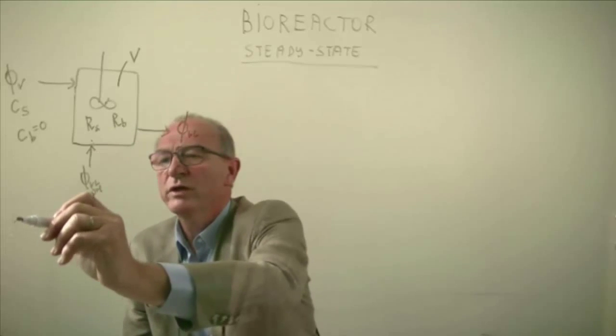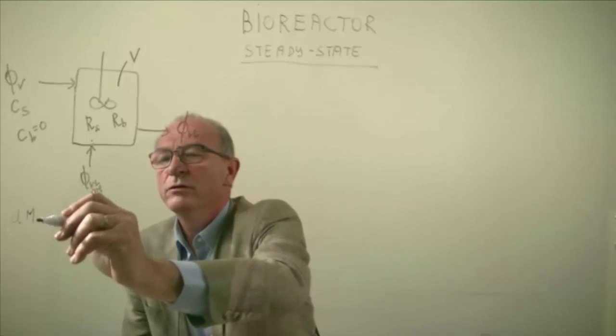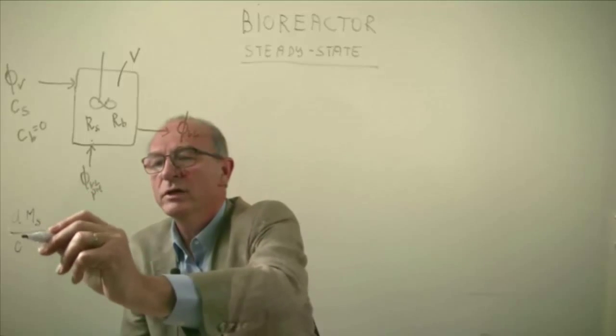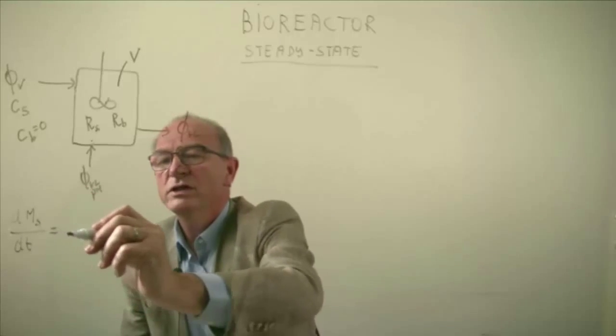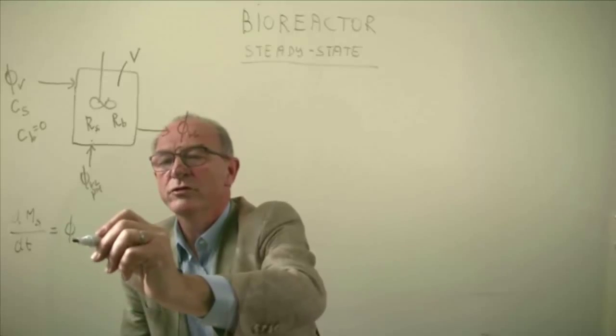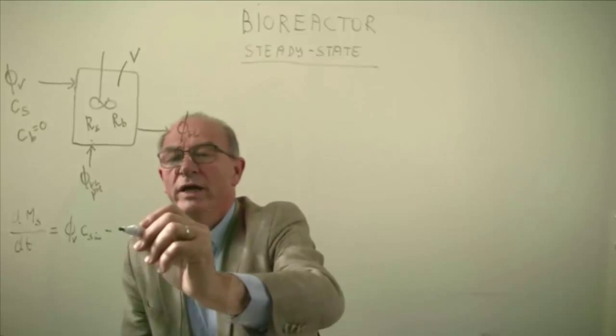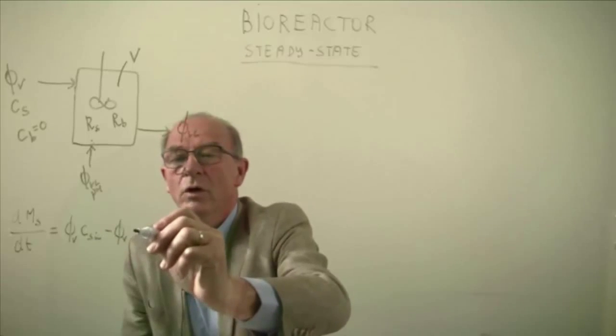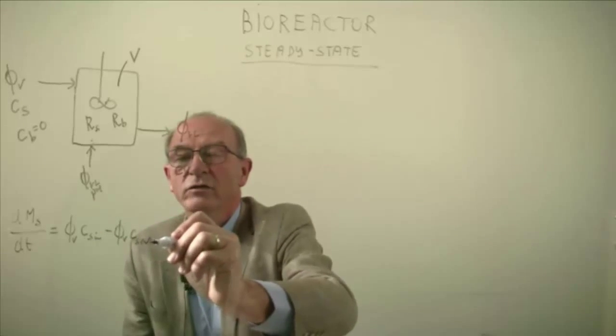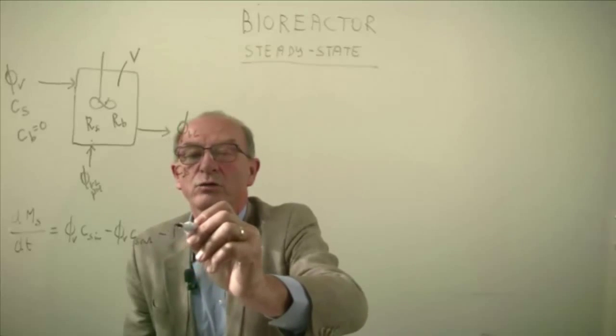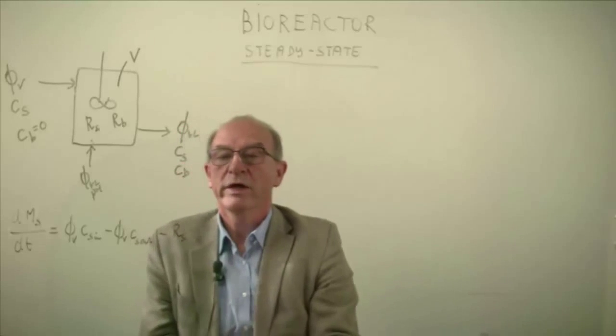Well, let's start with the substrate. The change of the substrate as a function of time is equal to the amount of substrate entering the bioreactor minus the amount of substrate which leaves the reactor minus the amount which is converted, Rs.